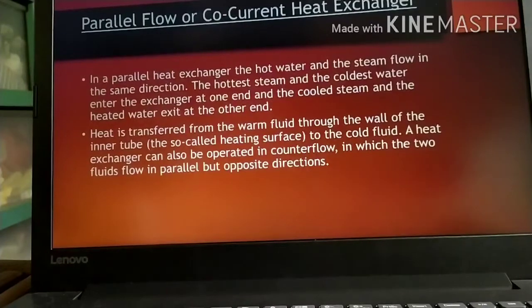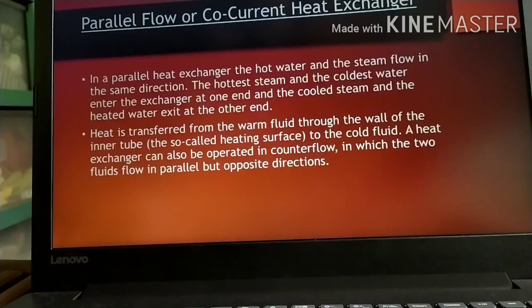So in a parallel heat exchanger, the hot water and the steam flow in the same direction. So parallel means same direction. And yes, the hottest steam and the coldest water enter the exchanger at one end, and the cold steam and the heated water exit out the other end.